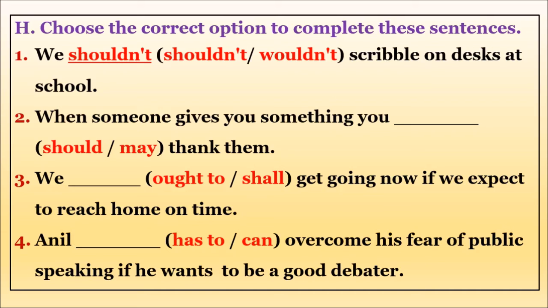We are expecting Anil to overcome his fear, and we are not telling that he can or cannot do it. We are not talking about ability, and we are not requesting with may or might, or using should or must. If we want to expect something from Anil, we can use has to. Anil has to overcome his fear of public speaking if he wants to be a good debater. So the answer is has to.